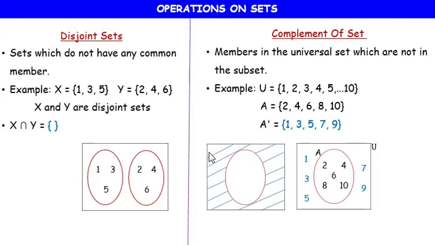So let me repeat. Our aim is to identify all the members that can be found in a universal set but cannot be found in the subset.